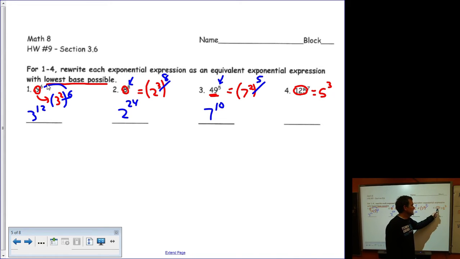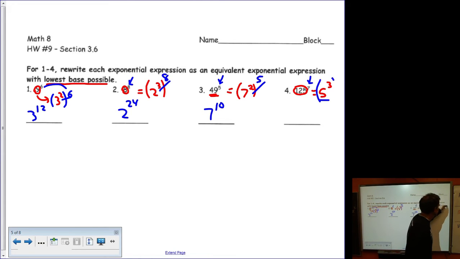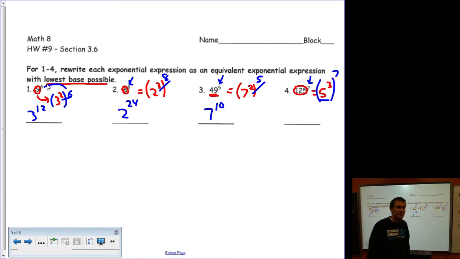So I have rewritten 125 as 5 cubed, but the 125 had an exponent on it, so the 5 cubed has to have the same exponent. And then when you use the power to a power property, that means you can multiply the powers together, your final result is 5 to the 21st.